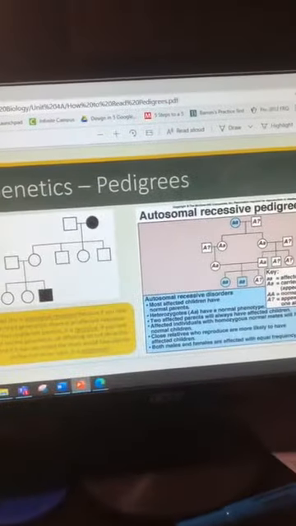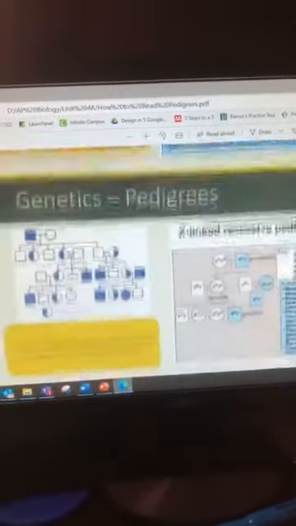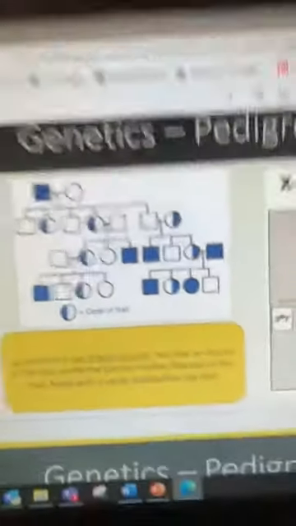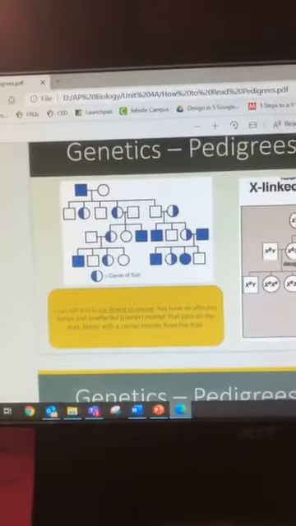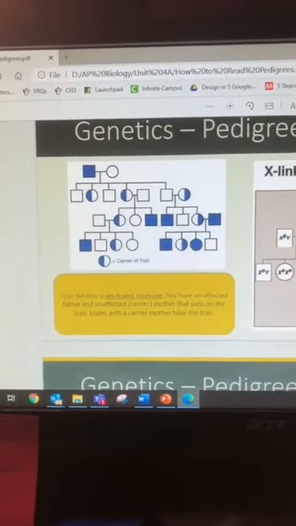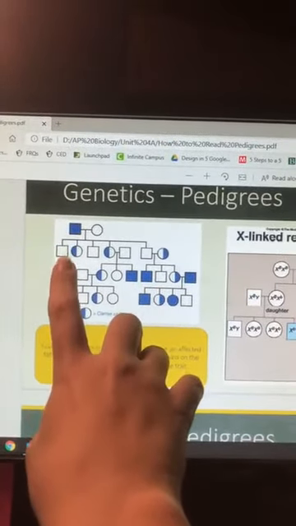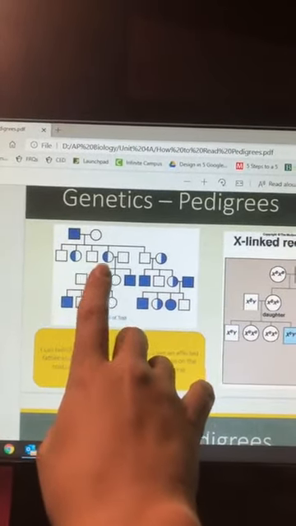So now let's flip it over and look at the next one. As I said before, if it's a half circle, that's showing you that it's a carrier. So in this one, we can tell that this is a sex-linked recessive because you need to follow it. For example, this is an affected male, and if you notice, there are no affected males from them.